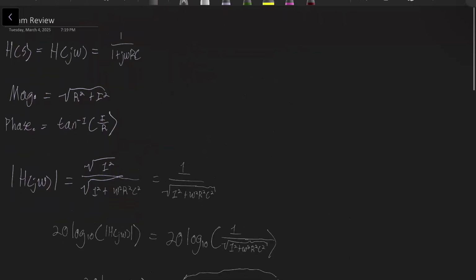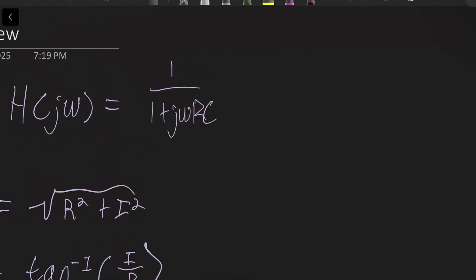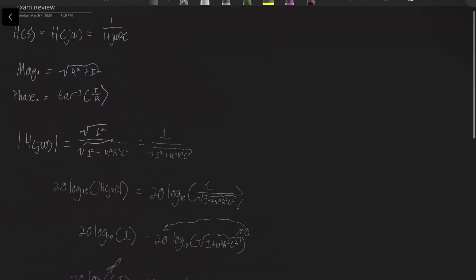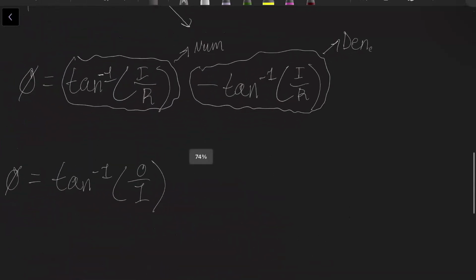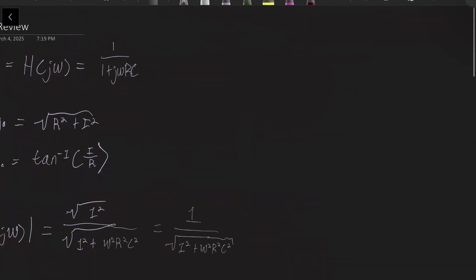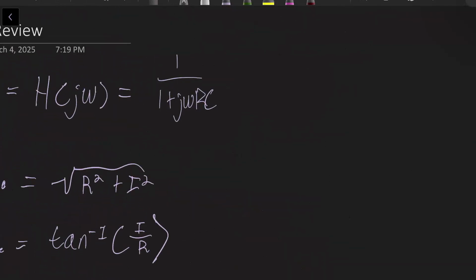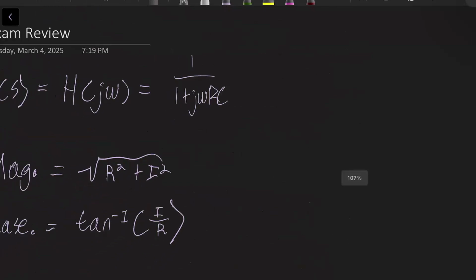Because we have no imaginary component in our numerator. We only have a real component. And then we subtract and do our denominator term. So we have minus inverse tangent of omega RC over 1, because our real component in our denominator is 1, and our imaginary component is omega RC.